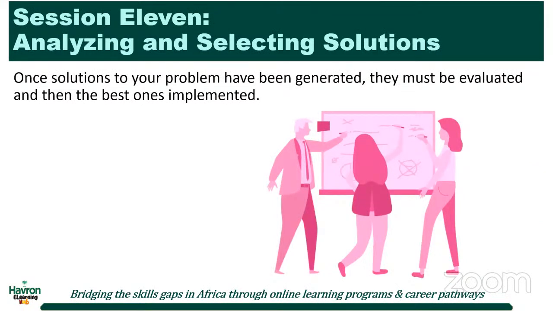For section 11, analyzing and selecting solutions: once solutions to your problem have been generated, they must be evaluated, and then the best ones implemented. In this section, we are going to look at the second phase of the problem-solving model, making a decision.